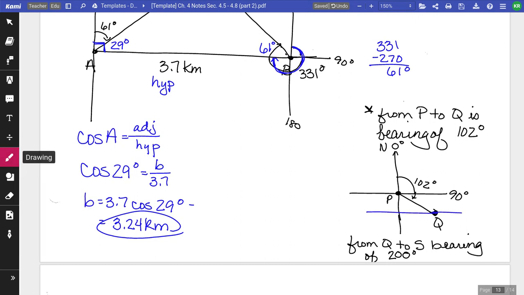Okay, so now Q is your center, it's your origin. Okay, so if I'm going to do a bearing of 200 degrees, again, north is 0 degrees. So 90, 180, 200. And then S, okay, so this is a 200 degree angle. And then S is down there. Okay, so that's just a little bit more, giving you another example with sketching out that bearing.